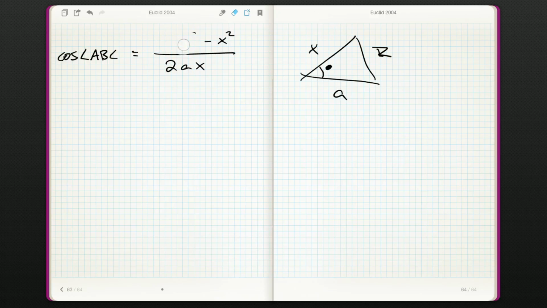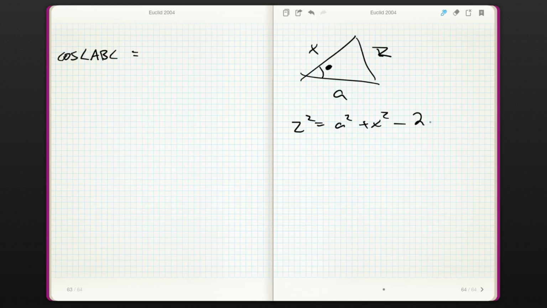So no, wrong one. Let's get this right. So it's z squared is a squared plus x squared minus 2ax times the cosine. So z squared minus a squared minus x squared all over negative 2ax is the cosine.